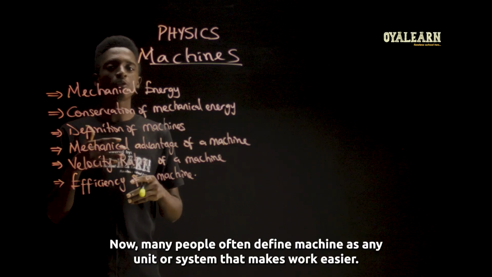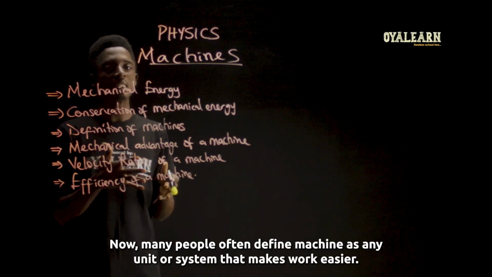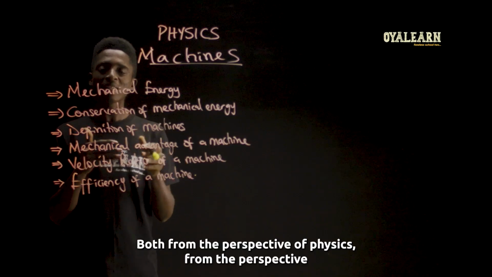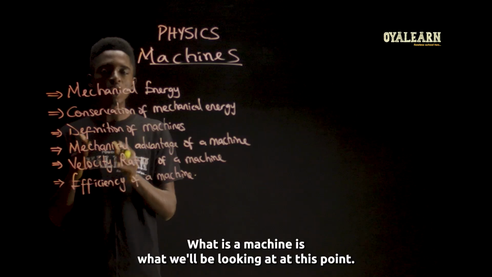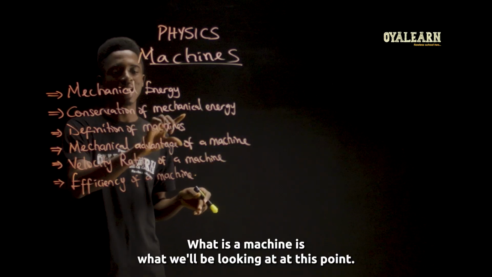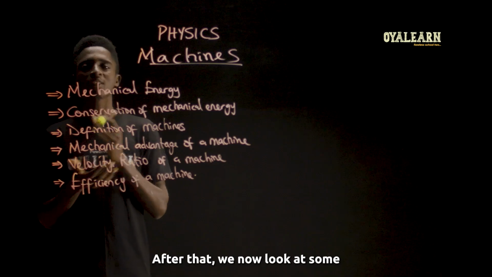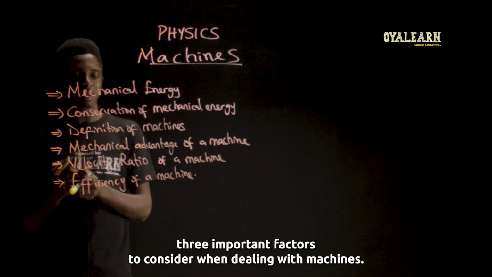Now, many people often define a machine as any unit or system that makes work easier. But from the perspective of physics, from the perspective of mechanical energy and the conservation of mechanical energy, what a machine is is what we'll be looking at at this point. So we define it from those perspectives. After that, we look at 3 important factors to consider when dealing with machines.